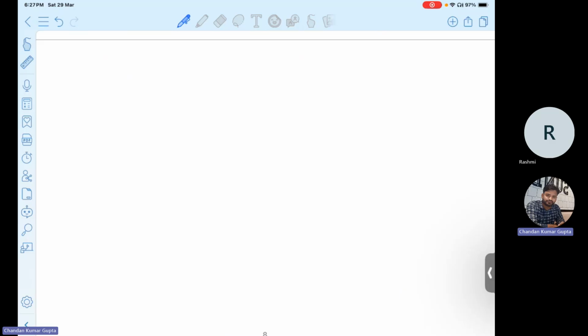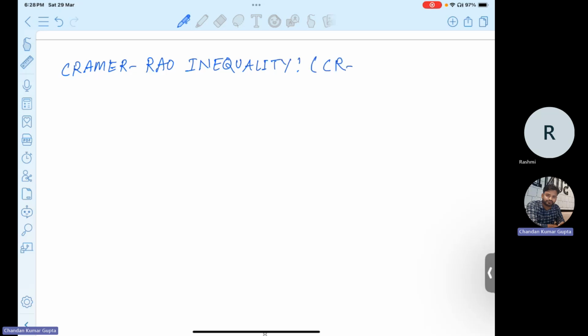Cramer-Rao inequality, or in short, we usually call it the CR inequality.